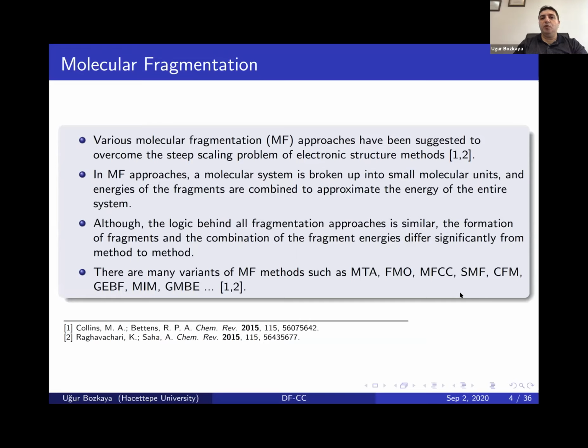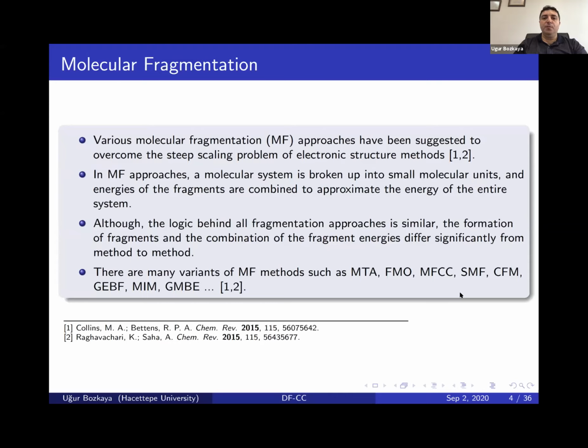In the MF approach, a molecular system is broken up into small molecular units, and energies of fragments are combined to approximate the energy of the entire system. Although the logic behind all fragmentation approaches is similar, the formation of fragments and the combination of the fragment energies differ significantly from method to method.